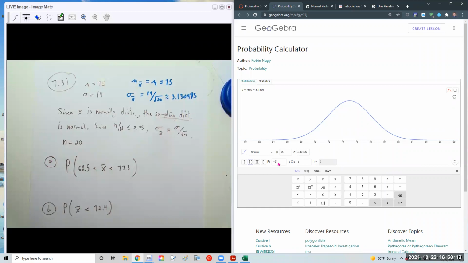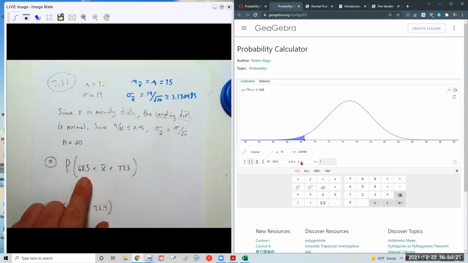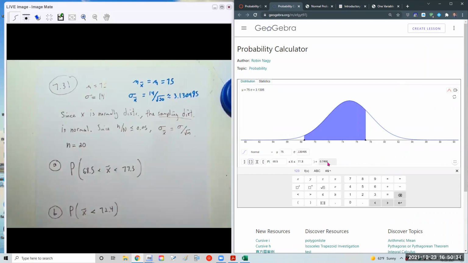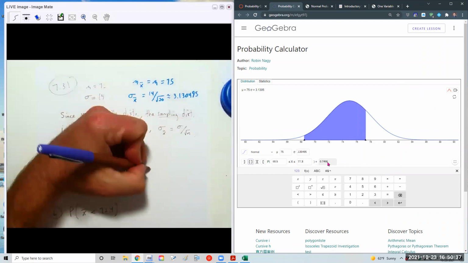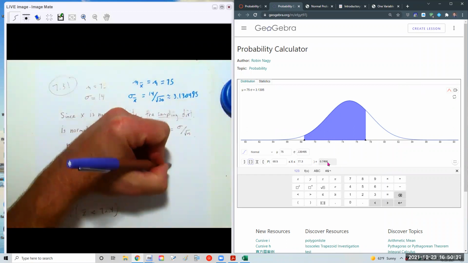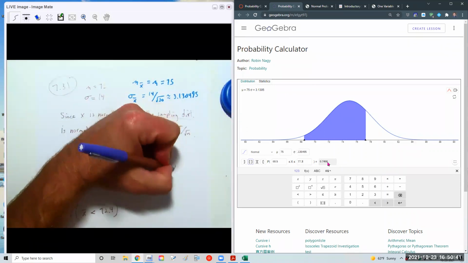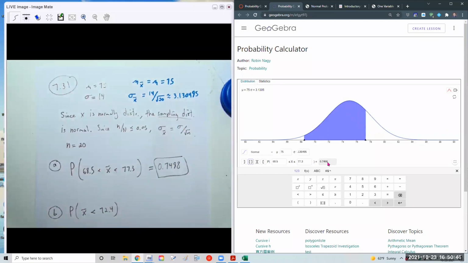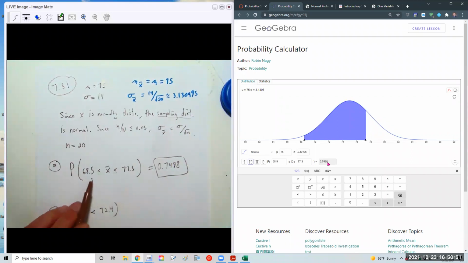Then we'll change these two numbers to 68.5 and 77.3. And bam, I got the probability. It's 0.7498, so about 75%. About 75% of sample means will be numbers between these two values.